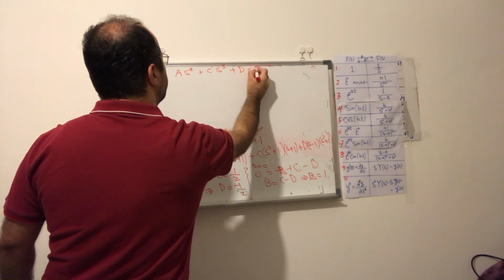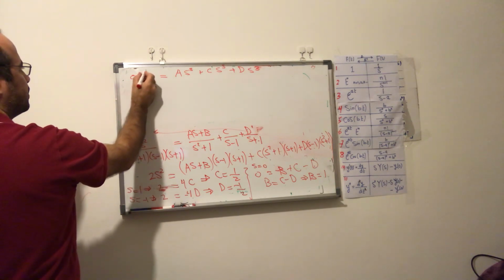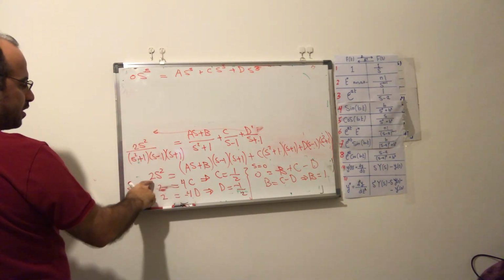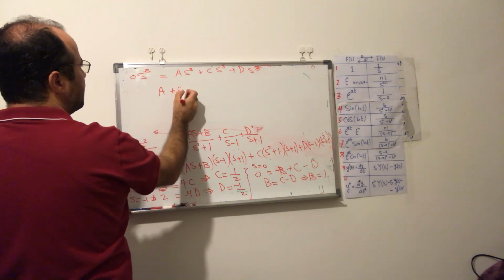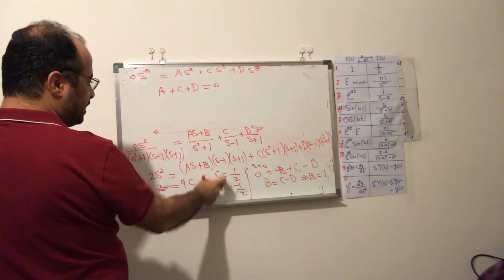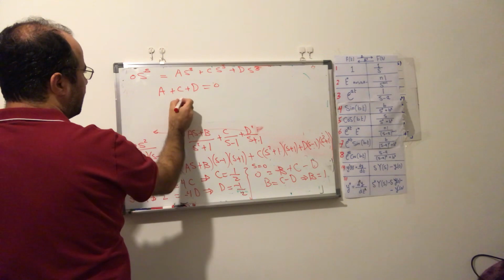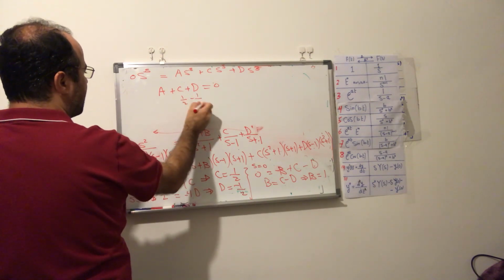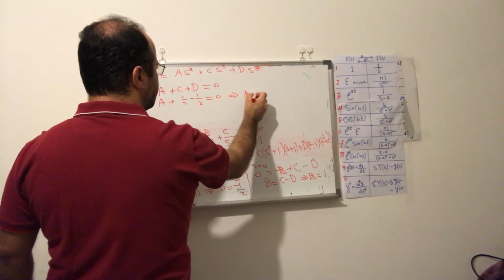But on that side you have no s cubed, 0 s cubed, because you have only quadratic, right? Now in this case you have A plus C plus D equals 0. Now C plus D is 0 already, because this is half and this is minus half, then A is 0, right?